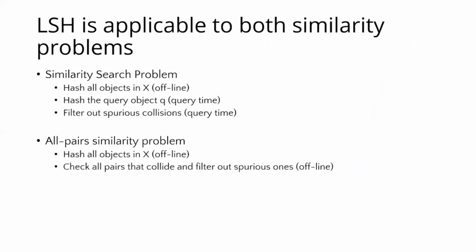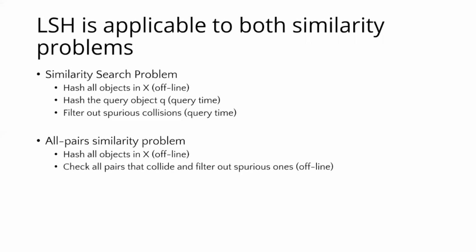We're going to see this soon in an example, but LSH is actually applicable to both types of similarity problems. If you recall, we talked about 2 different types of similarity search problems. One is the nearest neighbor search problem, where you have a set of points X and a query point Q coming from the user, and based on the distance from Q to all the objects in X, you want to find the nearest neighbor.